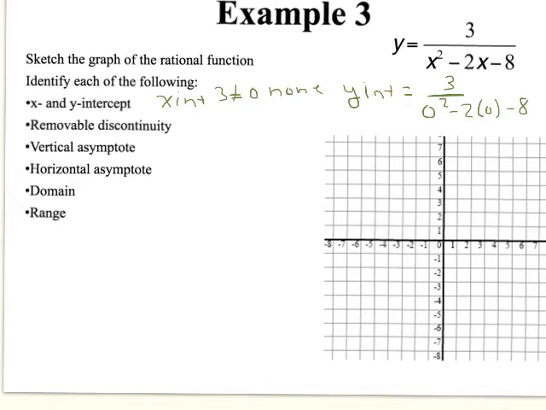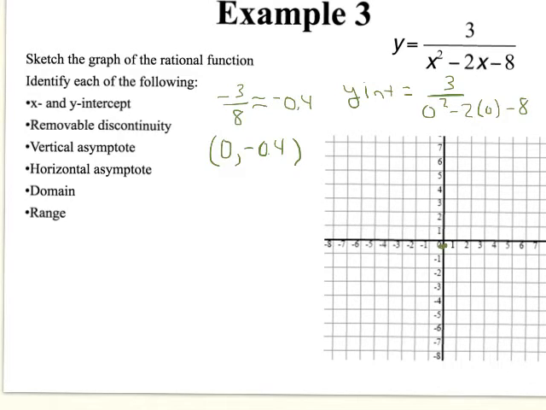When I simplify that, my y-intercept ends up being negative 3 over 8, or 3 over negative 8, which is about negative 0.4. So for the y-intercept, it's going to be 0 always for x, and then negative 0.4. So that is this value right there.